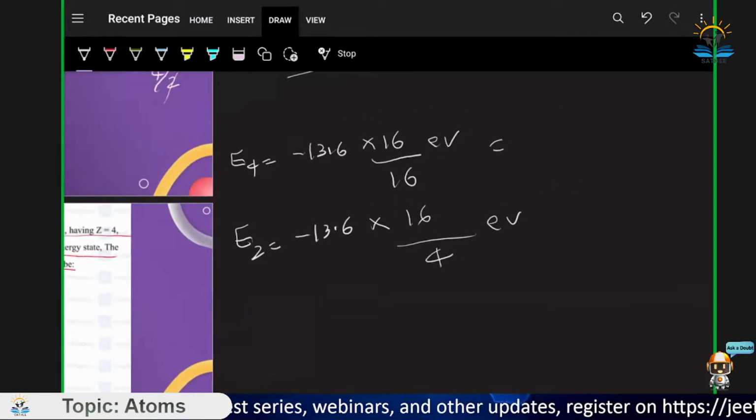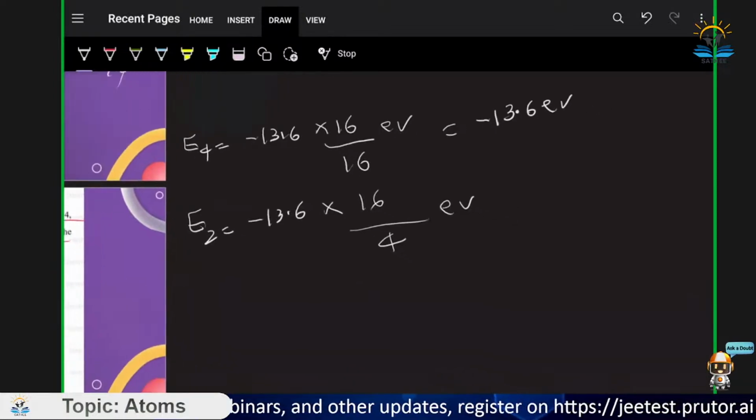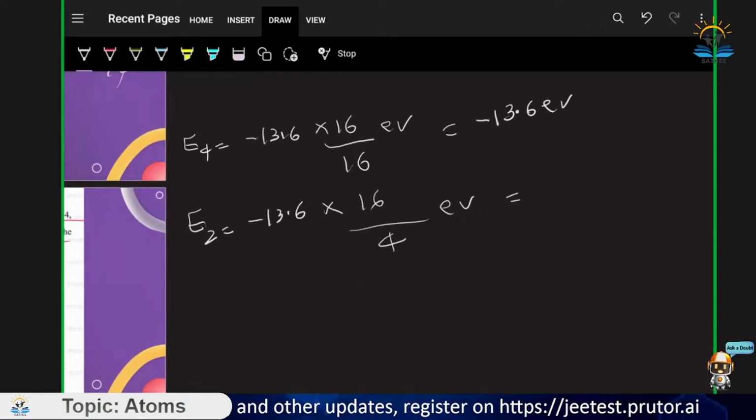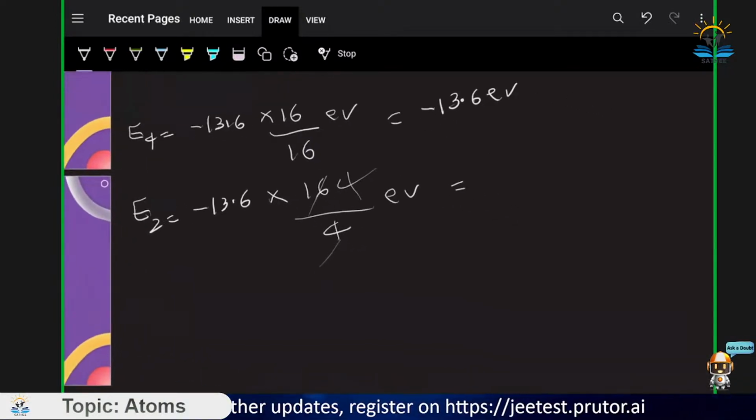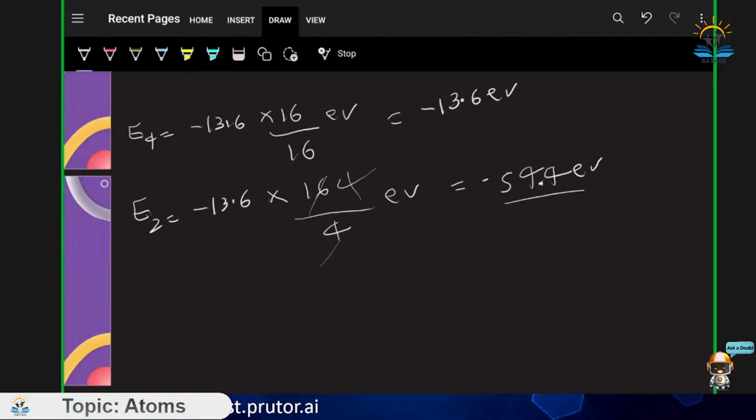So this will be minus 13.6 electron volt, and this will be minus 13.6 into 4, which is minus 54.4 electron volt.